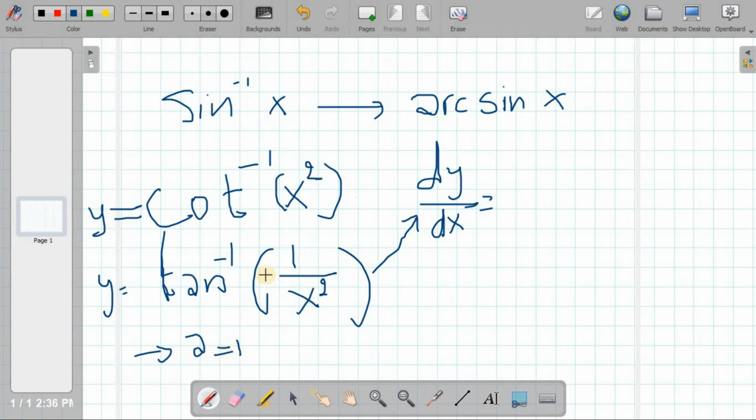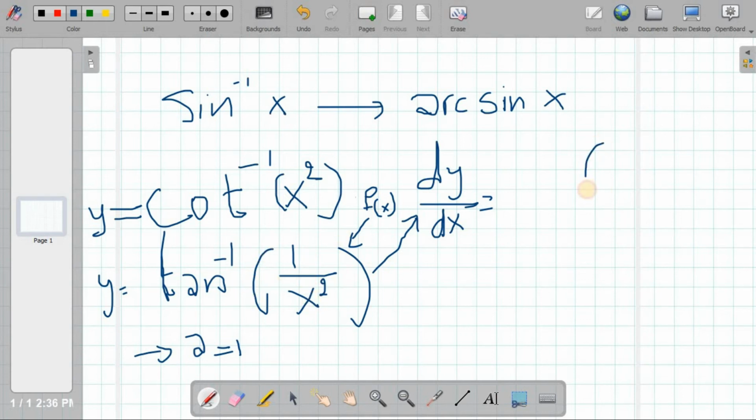When you have a bracket like this, this is our f of x, because the bracket closes everything. Sometimes people make the mistake and say f of x is 1 and then a is x to the power of 2. That is wrong, because you have a bracket everywhere.